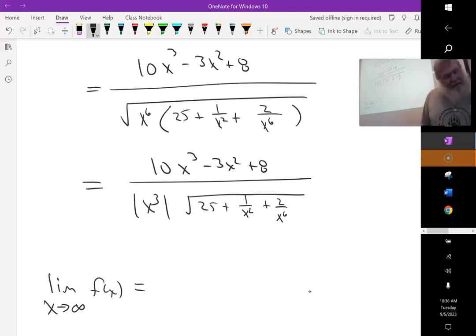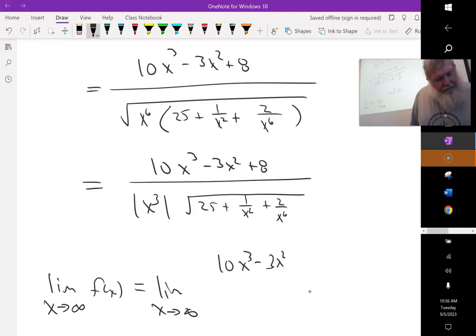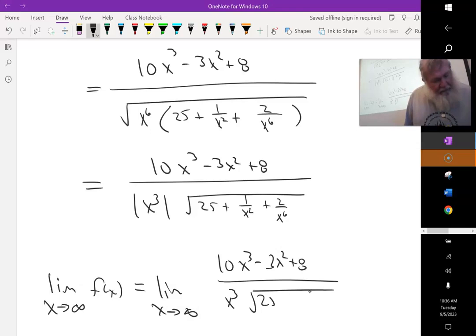So this is going to become the limit of the numerator, 10x cubed minus 3x squared plus 8. The absolute values we can drop now because it's a positive number. We still have this square root of 25 plus 1 over x squared plus 2 over x to the 6.